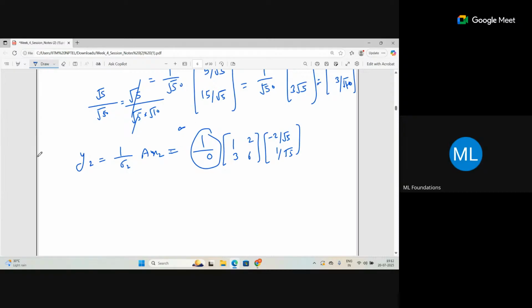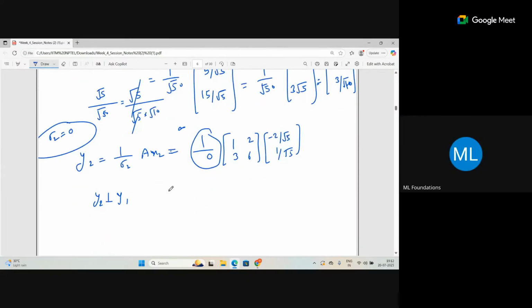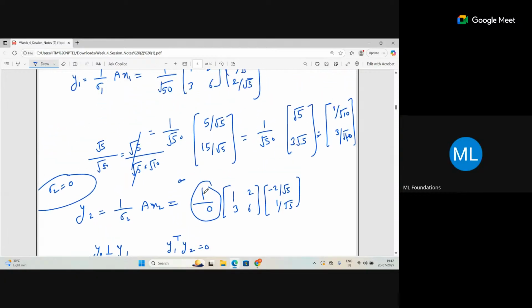But in that case, if sigma 2 is 0, I know that y2 is perpendicular to y1, correct? What does that mean? These are orthogonal to each other. So y1 transpose y2 equals 0.